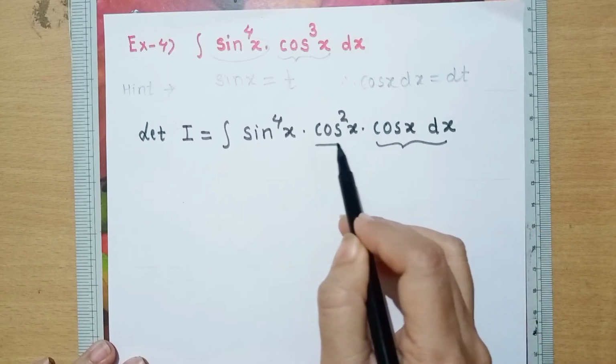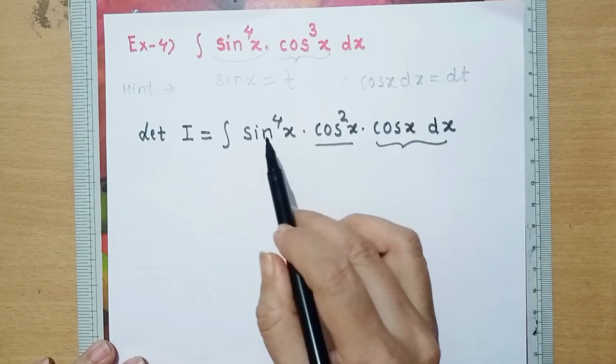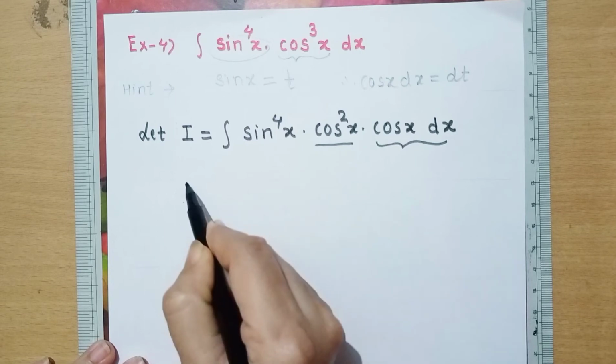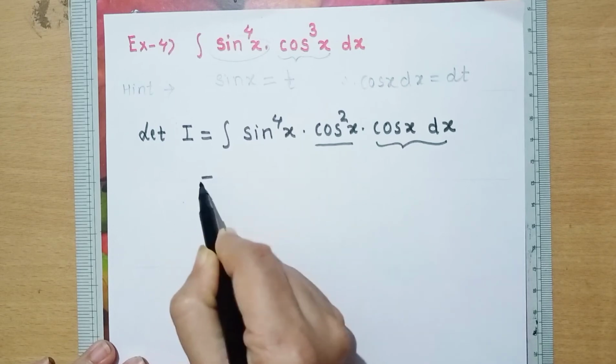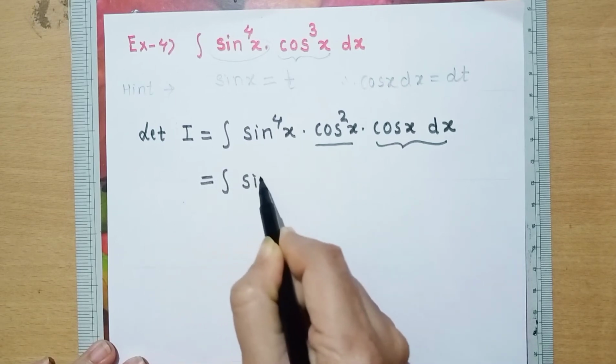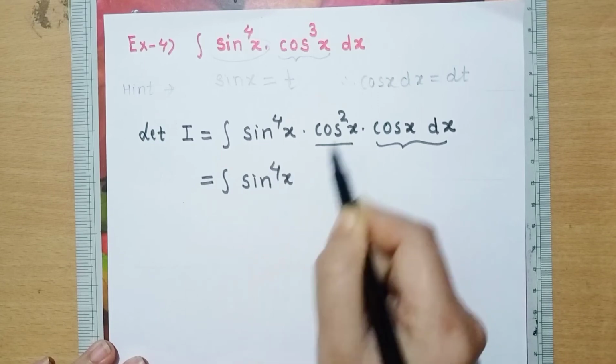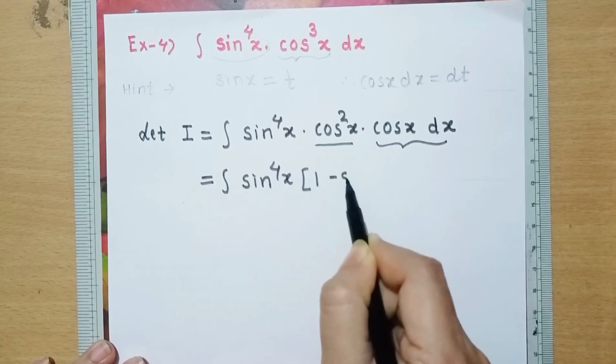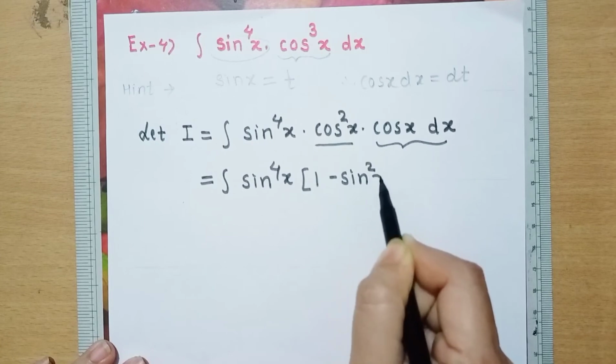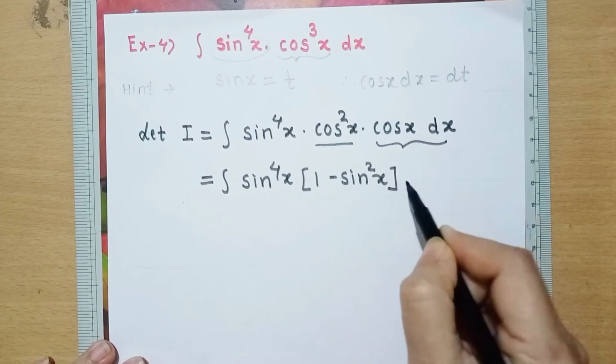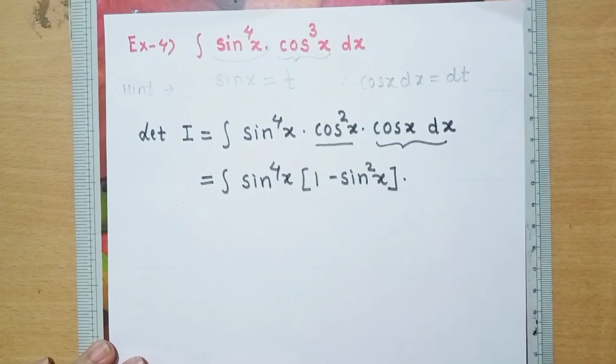So we have to change this cos square x in terms of sine of x. So here we will write this as 1 minus sine square x. We will use the identity, this term as it is.